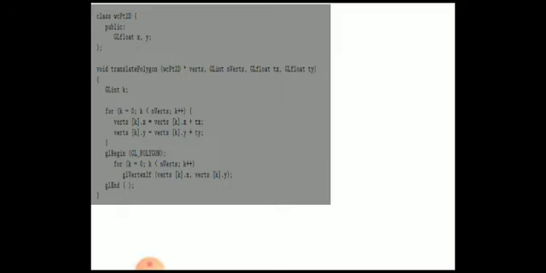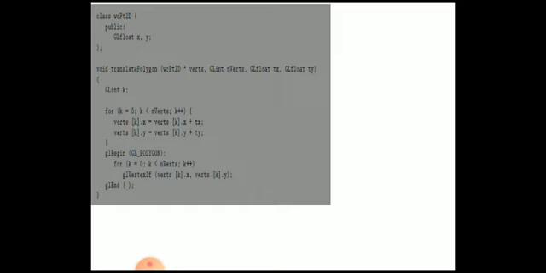So basically we define a class wcPt2D, that is the world coordinate point in two dimensions. Here we have two data members declared in public, that is GLfloat x comma y.